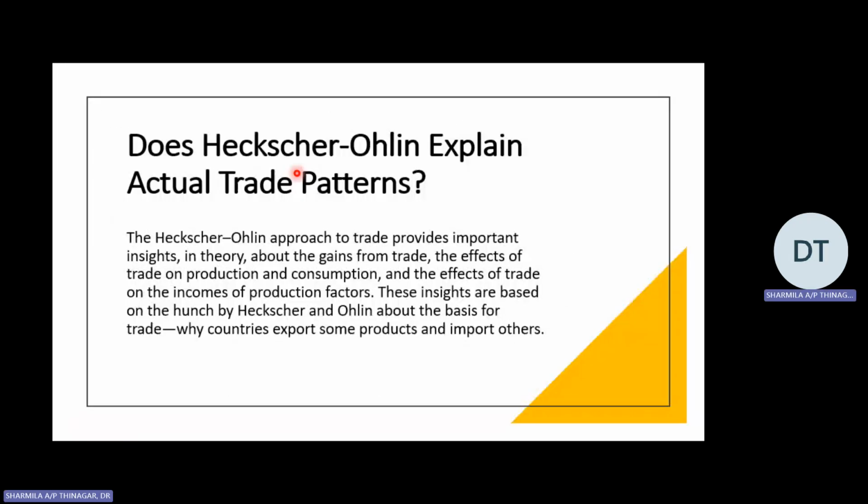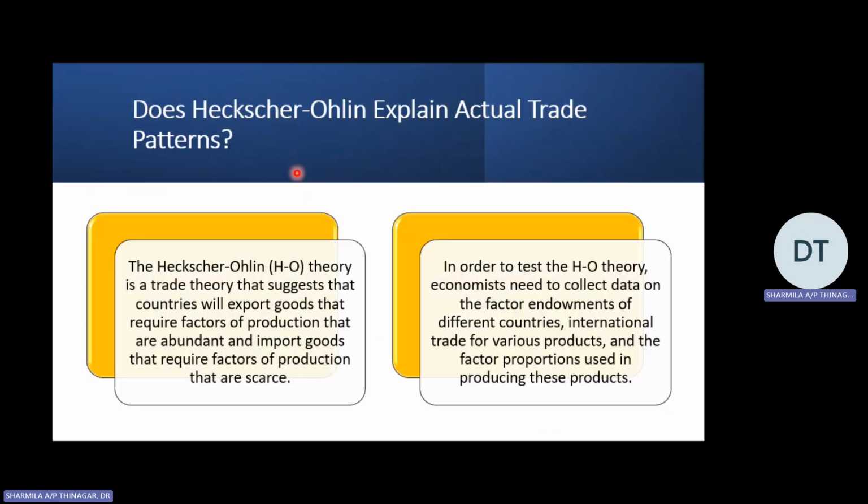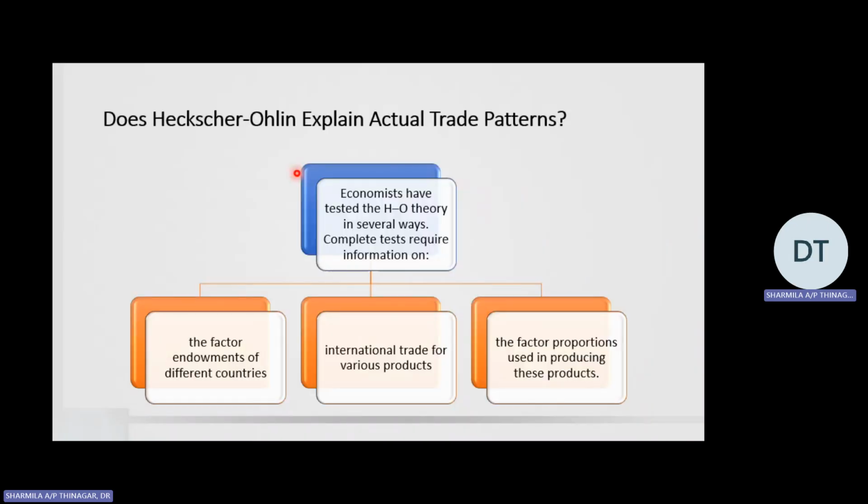This one is HO theory. How does it explain overall? What we have here is you can compare the HO theory among these three. First is the factor endowment, the factors which are available in countries. Different countries will have different levels of factors, so you have to consider that as well.